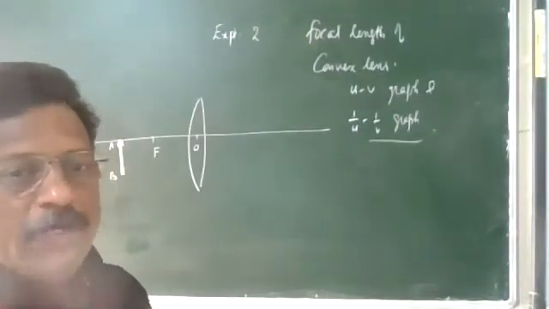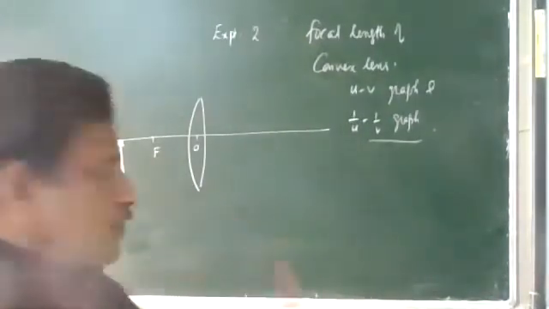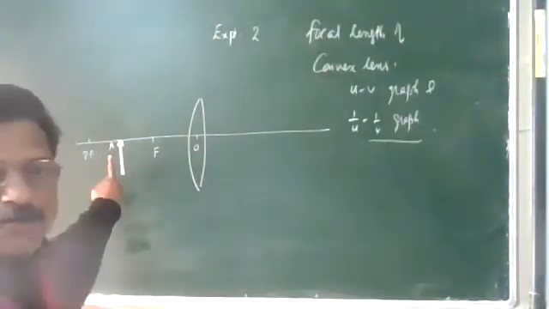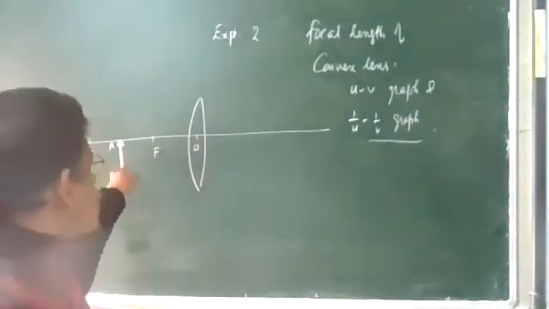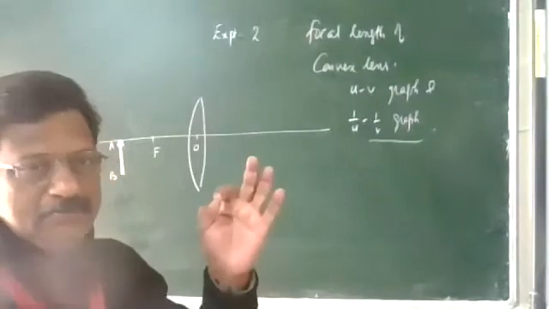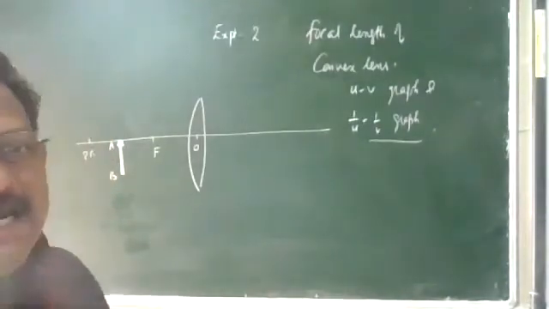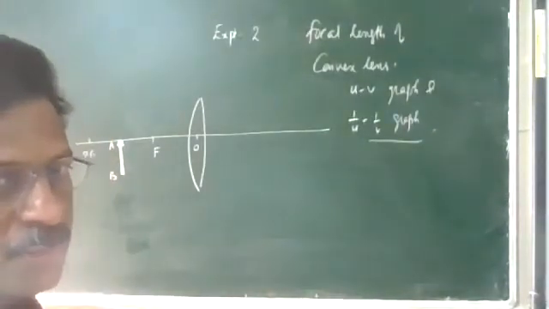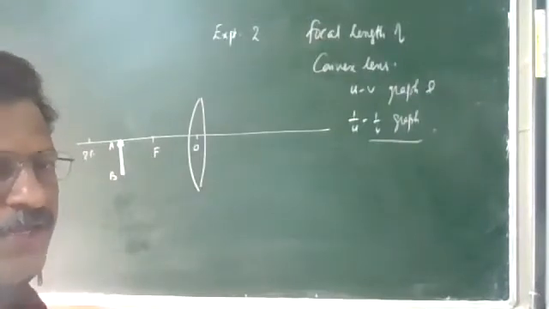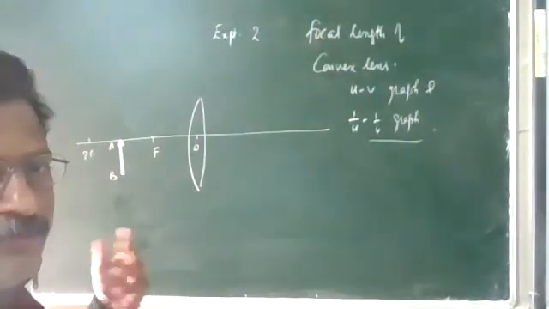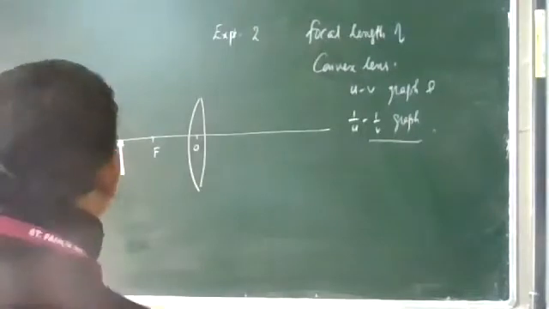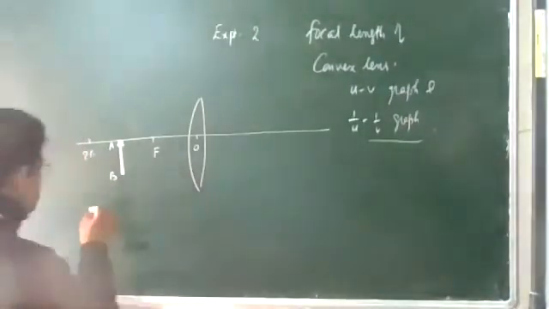A thick pin will be given to you, which you place and it acts as the object. So AB is your pin, that is called the object needle. You have to keep the object anywhere beyond F, between F and 2F, or beyond 2F. This is your object needle.